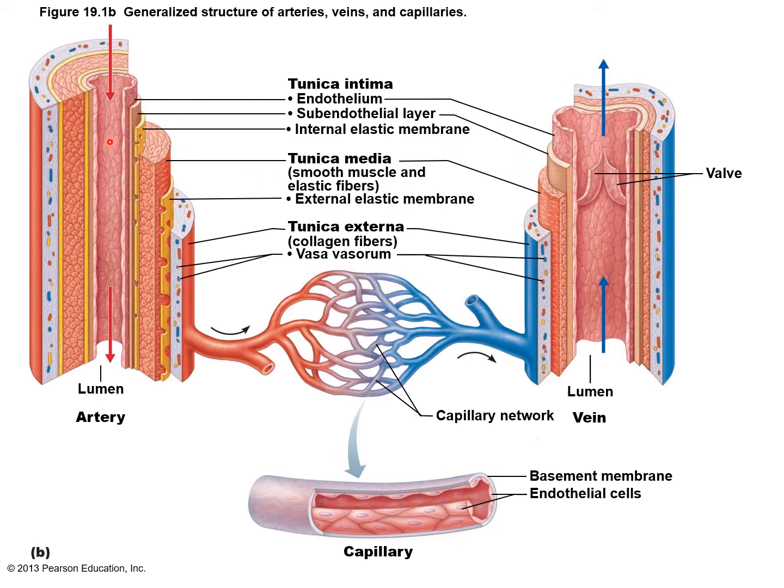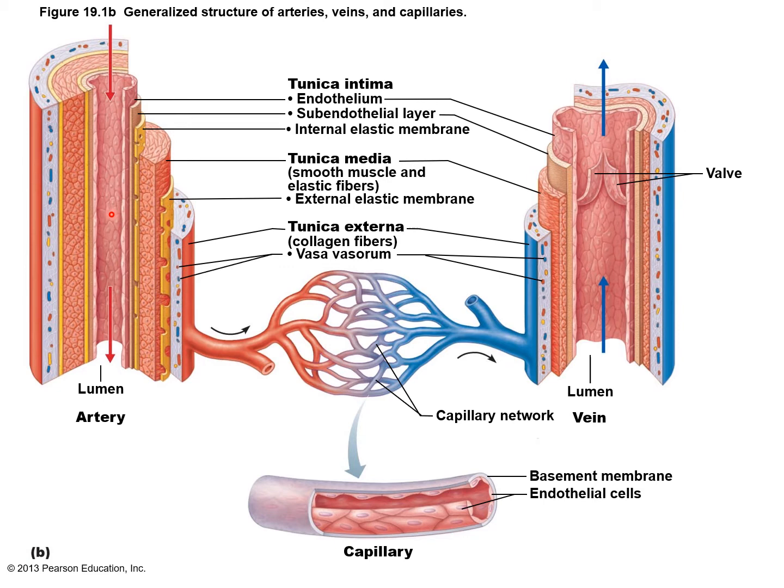You would notice that the lumen of an artery is much narrower compared to the lumen of a vein. And so the narrower the lumen, the more resistance is going to take place as the blood is running down that vessel, because it's pretty narrow.